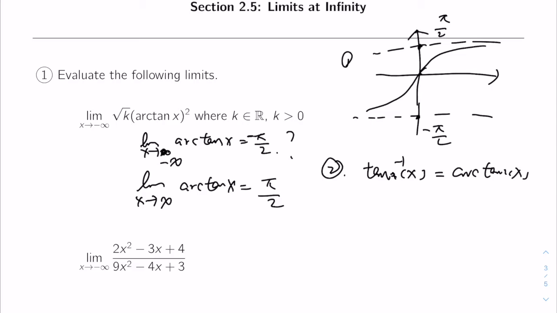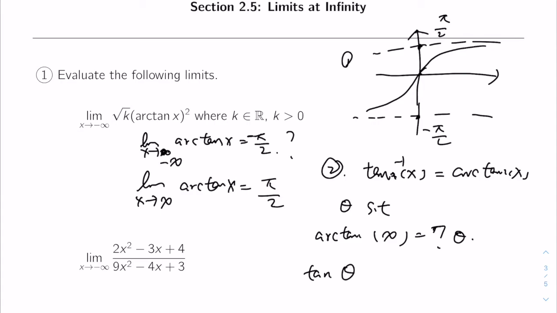So we know the tangent x. The question is actually asking, what is the angle theta such that, because the question is arctangent of infinity, what is theta?